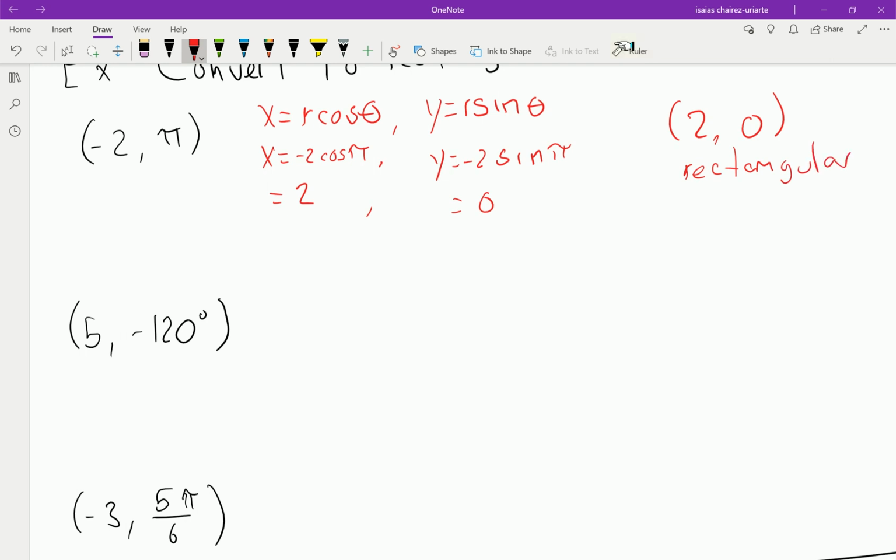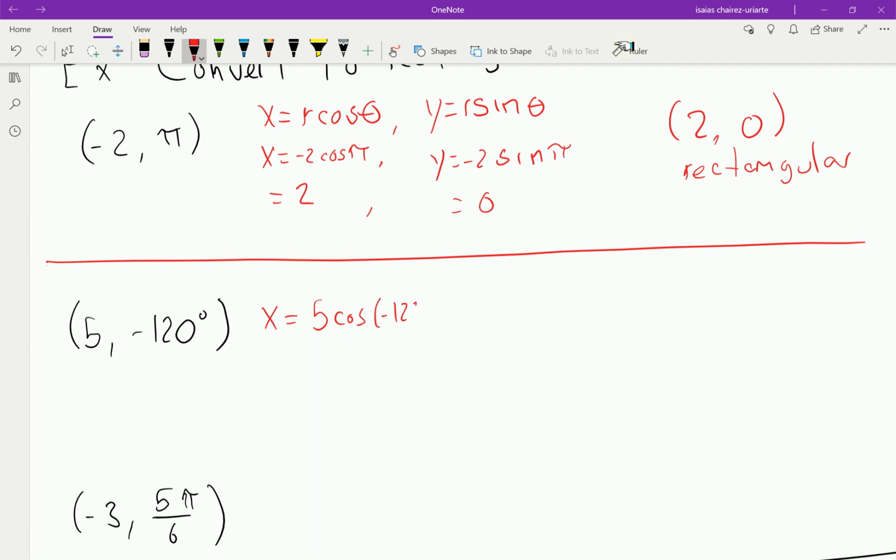All right, let me think about the next example. So similar situation, x is equal to 5 cosine of negative 120 and y is equal to 5 sine negative 120. All right, so what is cosine of negative 120?